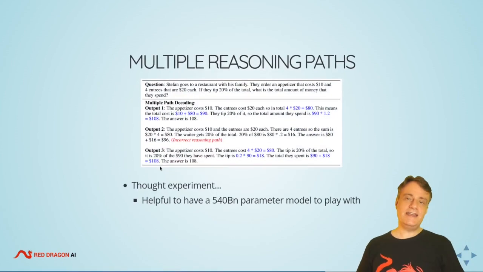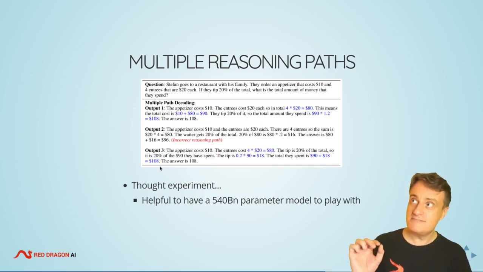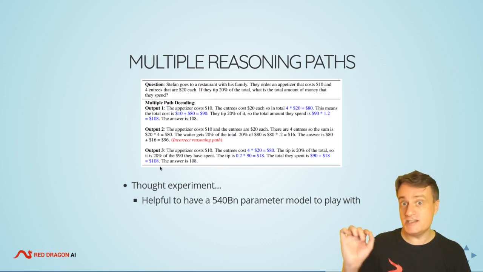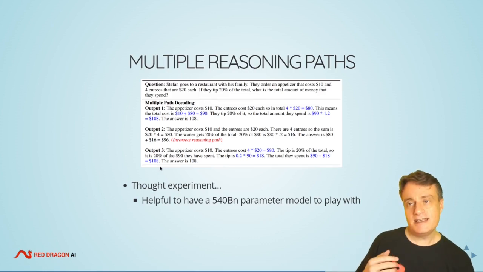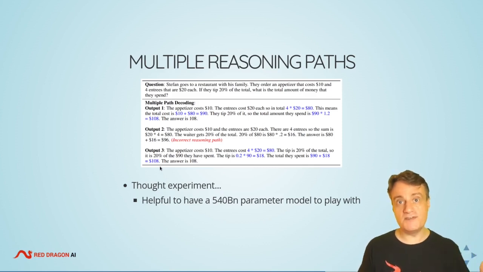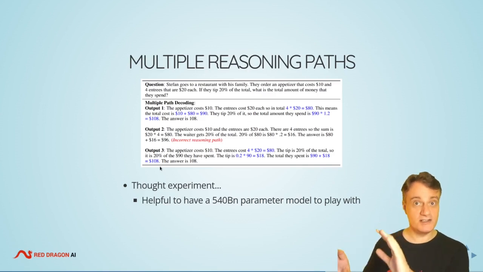So the idea here, and this is the early days of this positive trend in terms of machines teaching themselves, is, as we had before, maybe we could get the machine to produce multiple different reasoning paths. What we would like to do is get a whole bunch of different rationales for how to answer the question.